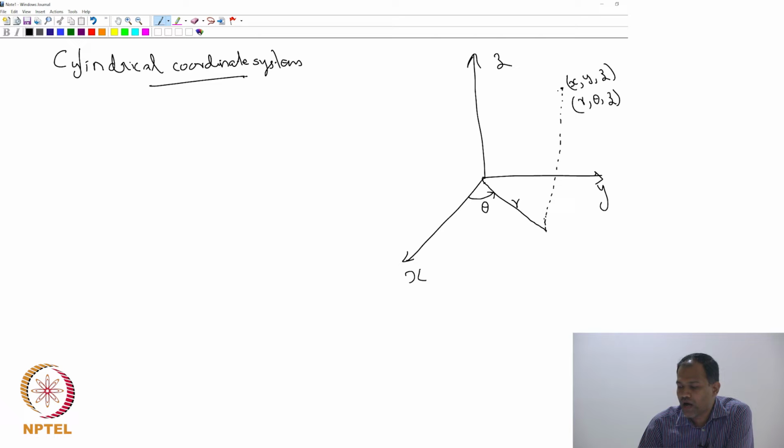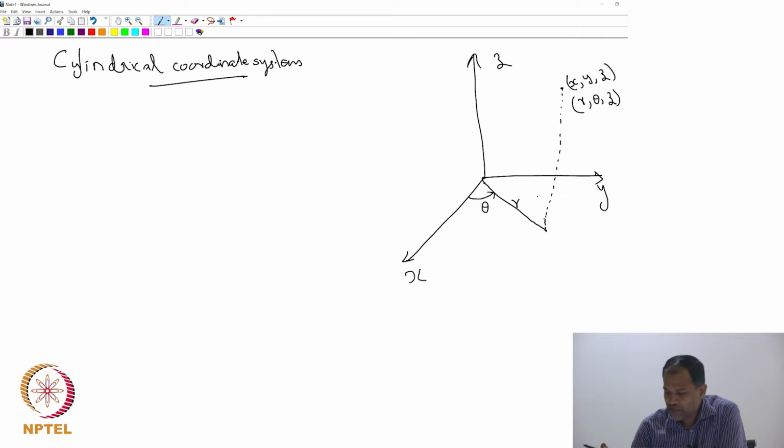Theta tells you, if you were to have an x axis, how much rotated it would be. So r and theta give you the same information as x and y.